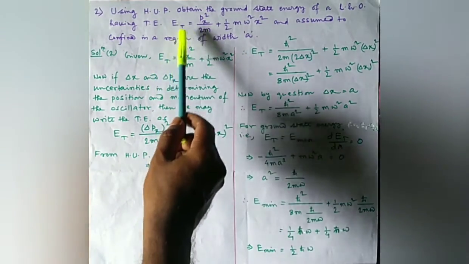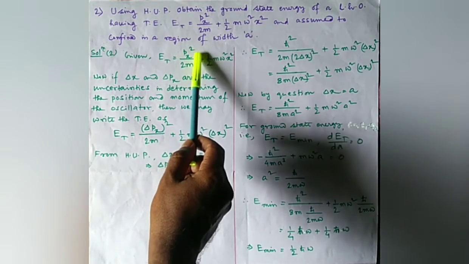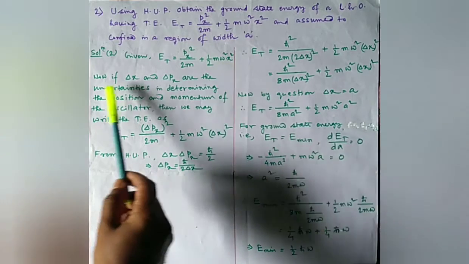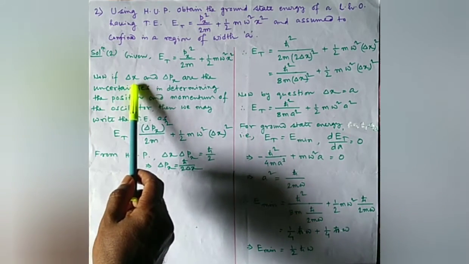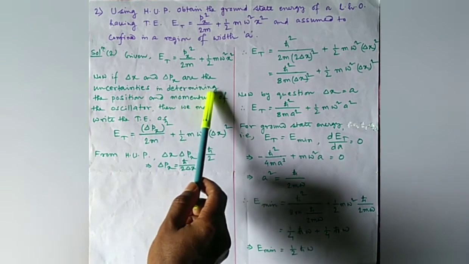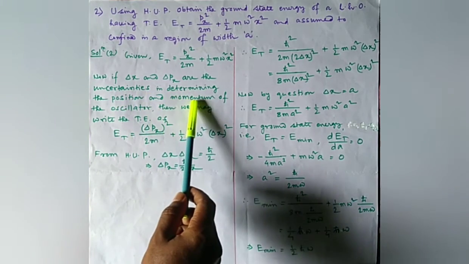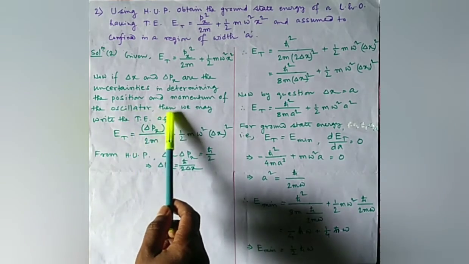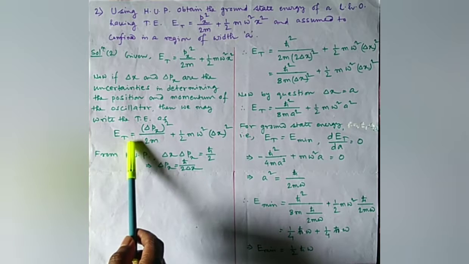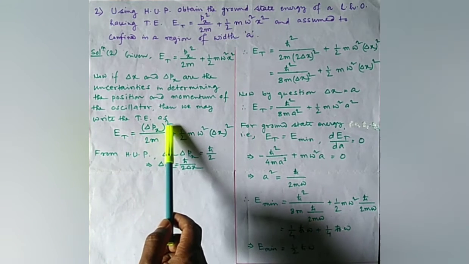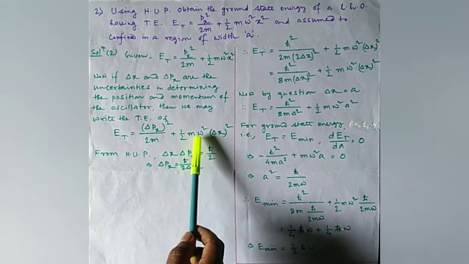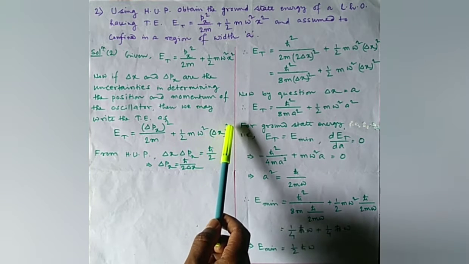Now if delta x and delta px are the uncertainties in determining the position and momentum of the oscillator, then we may write the total energy as Et equals delta px square by 2m plus half m omega square delta x square.